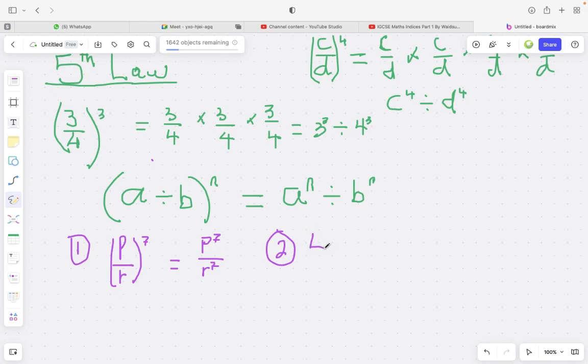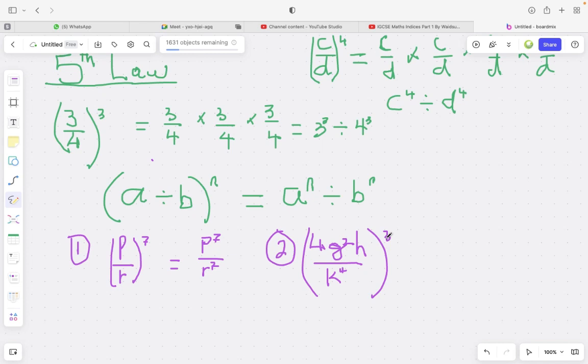Let's say if we have 4g squared h divided by k to the power of 4, all raised to the power of 3. Now you'll give you something like this. It's super easy. Same thing that we'll be talking about.